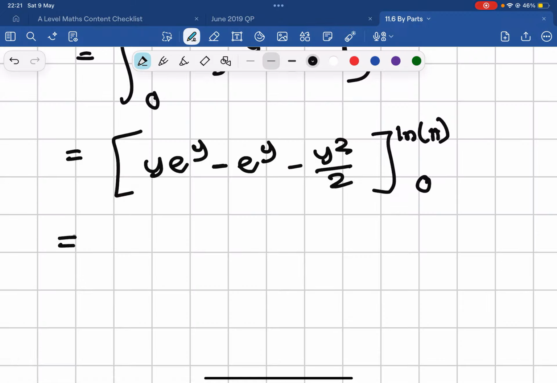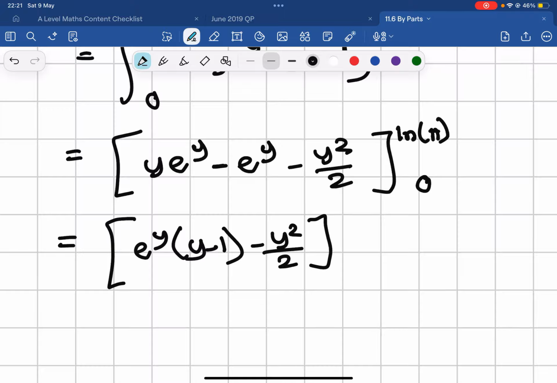Okay, now all we need to do is sub in our bounds, but before we do that, let's just take out e to the y here, minus y squared over 2, just for ease later.